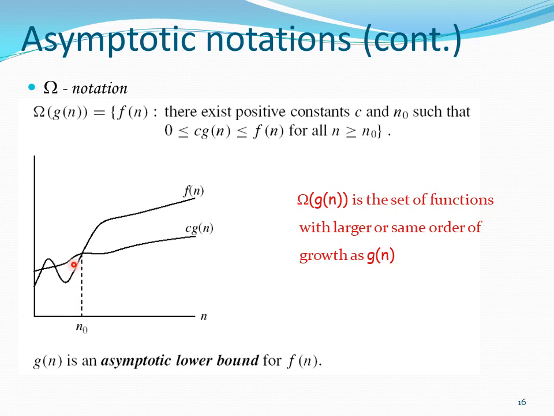From this n0, f of n is above c g of n. So, c g of n less than or equal to f of n. If so, we can denote this as omega of g of n equal to f of n.